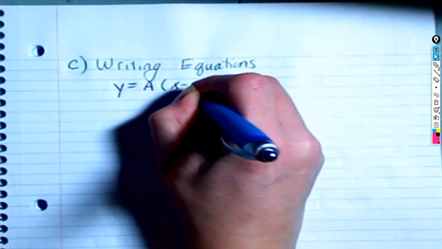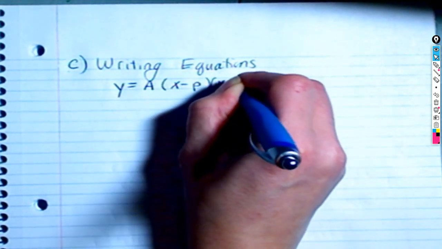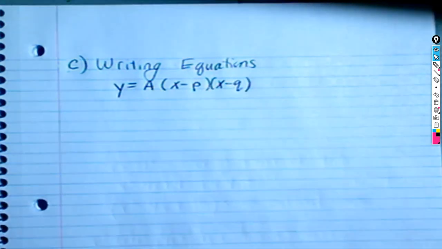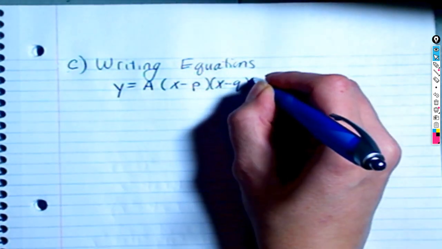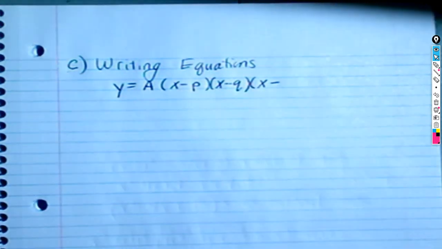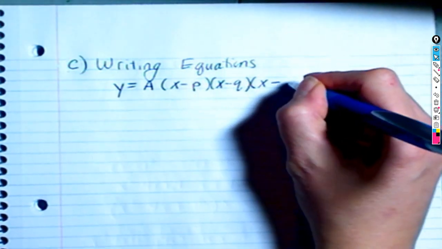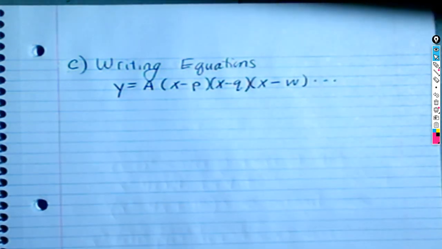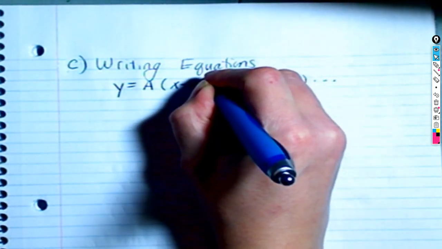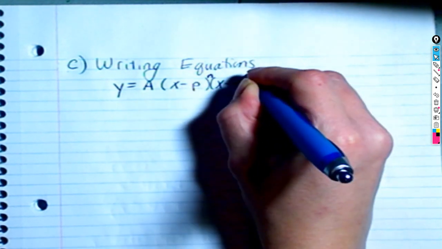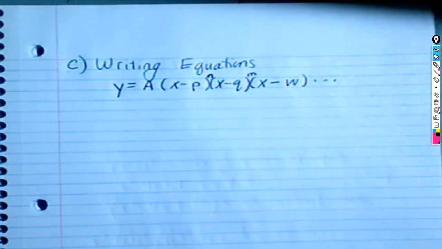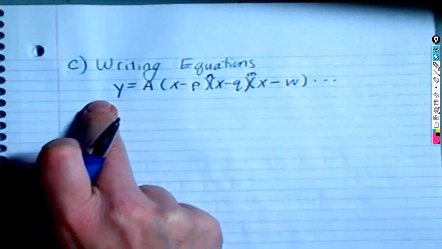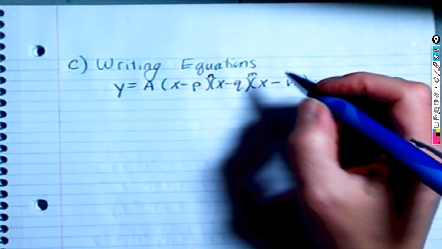So this would be the quadratic, except that we can now add as many different factors as needed. But also keep in mind that we might have multiplicities to deal with when you're doing a polynomial equation.